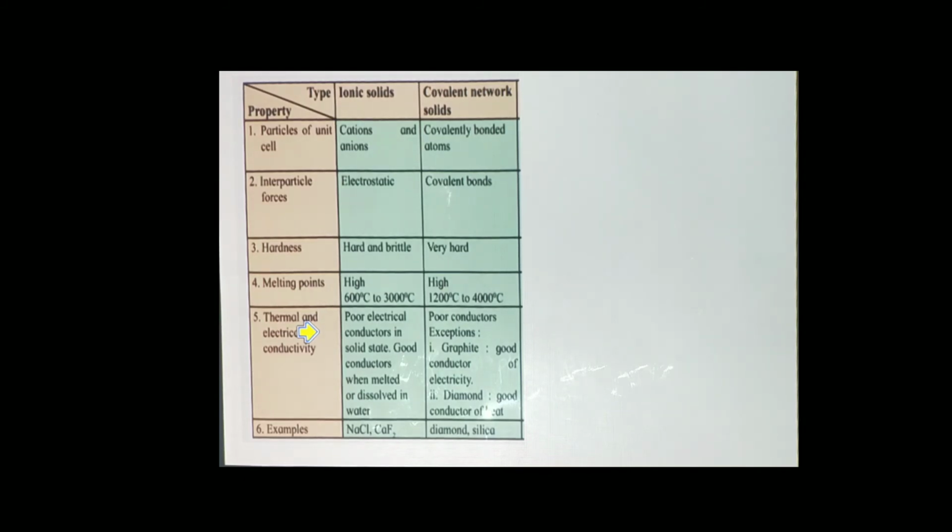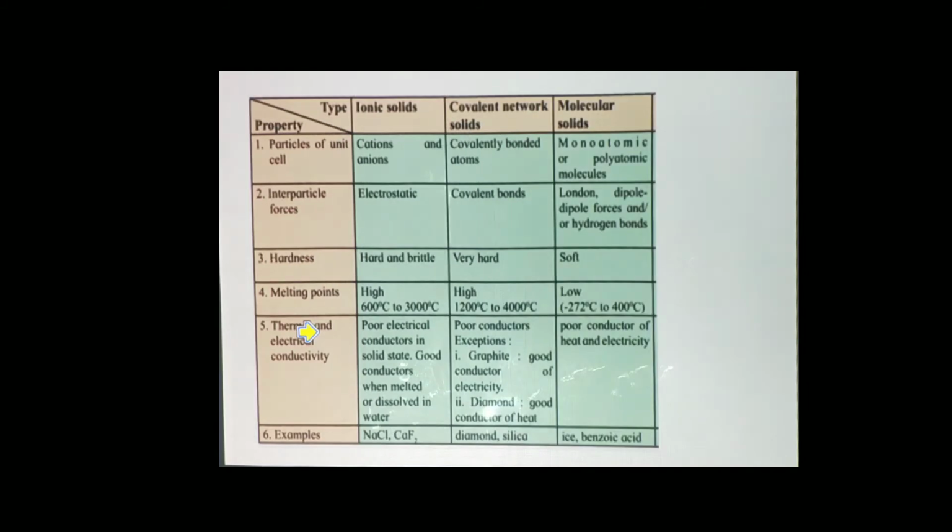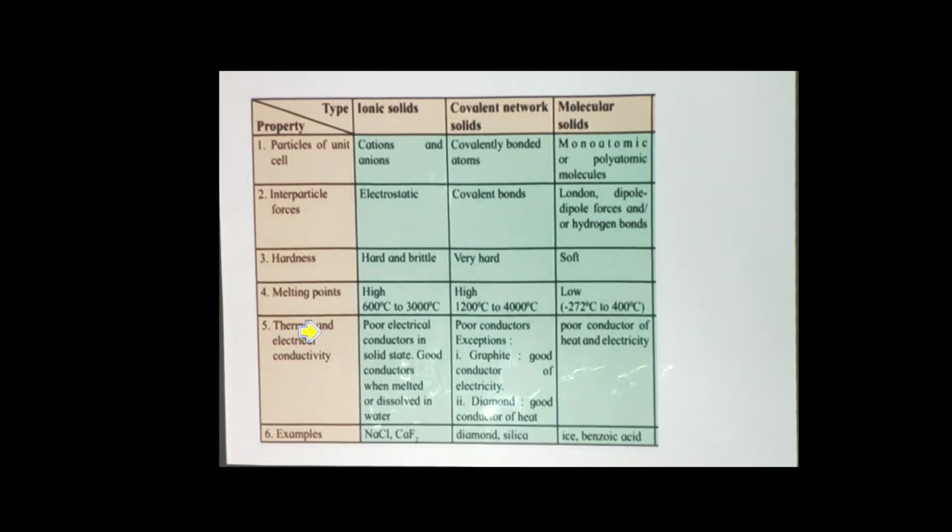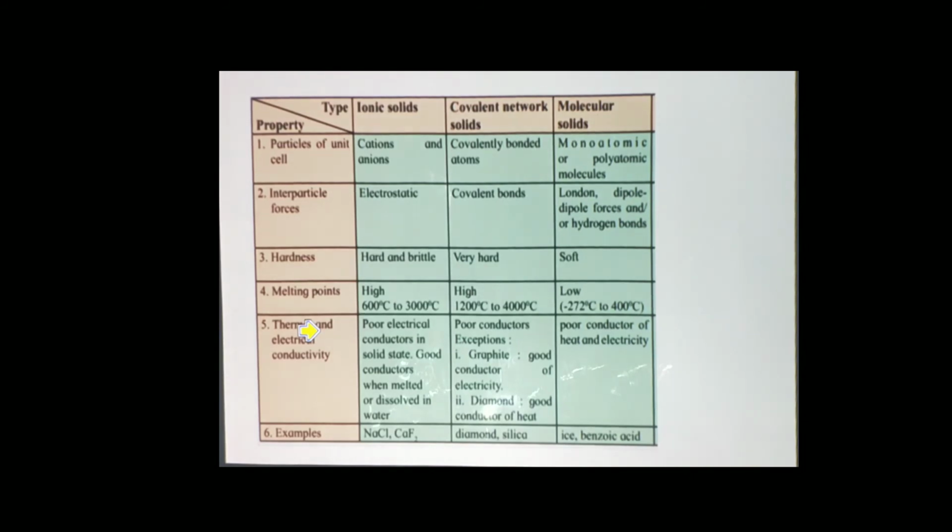Now we move towards the third type of crystalline solid, that is molecular solid. In case of molecular solid, the name itself indicates the constituent particles of the unit cell are molecules. Now we know that molecules may be polar, non-polar, or hydrogen bonded.